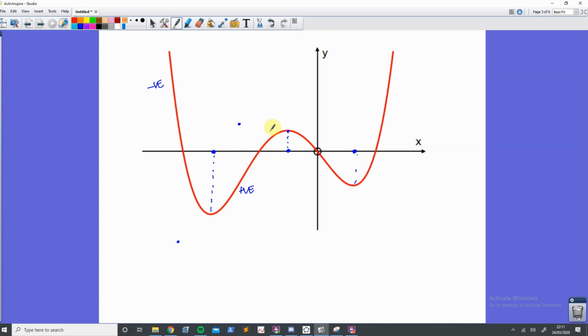We're still positive, but we're getting less positive, so I'd probably have a value there, getting closer to 0, and I can see how it's probably going to loop up and down. This is negative, so I'm going to have a point down here. It's getting less negative because it's tending towards 0, so it seems to have a point here, and then we're going to get positive and more and more positive. So getting the best curved line you can through these.